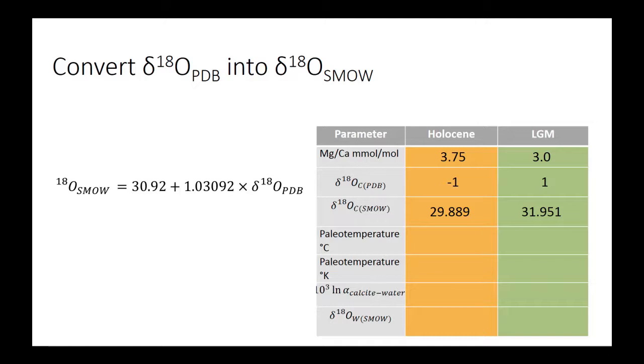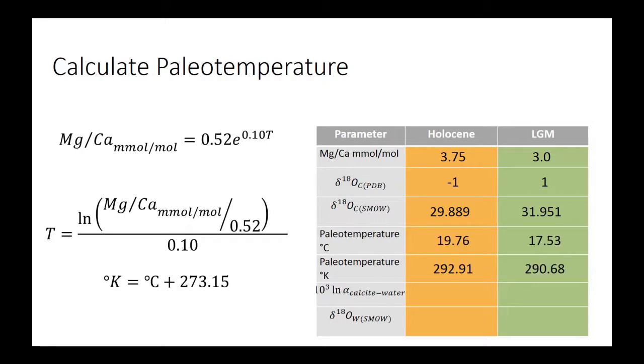So we now have the isotope ratio expressed in this per mil notation for the carbonate relative to a water standard. The next step is to work out the temperature. Okay, and we use the magnesium-calcium ratio for that temperature. So that's basically just taking our magnesium-calcium value that we read off the graph, plugging it into this equation up here at the top, and then rearranging it.